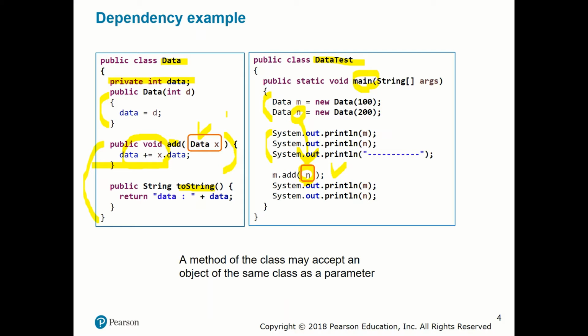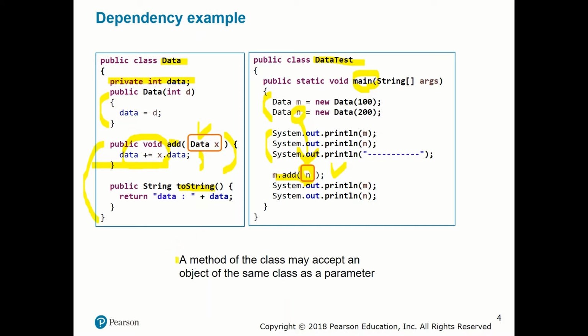So actually this is the dependency: DataTest depends on Data. You can see dependency easily by looking at the parameter of a method. In this method, using this object, this method does something. So this is the dependency.